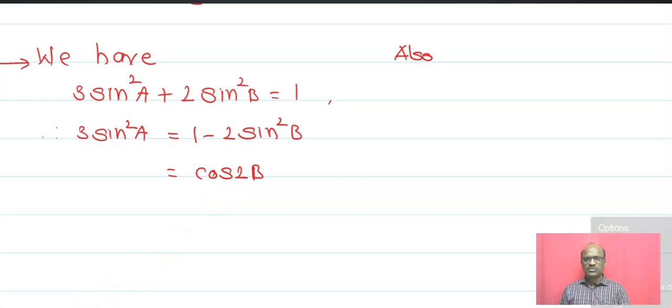And also, on the other side, 3 sin 2A − 2 sin 2B = 0.